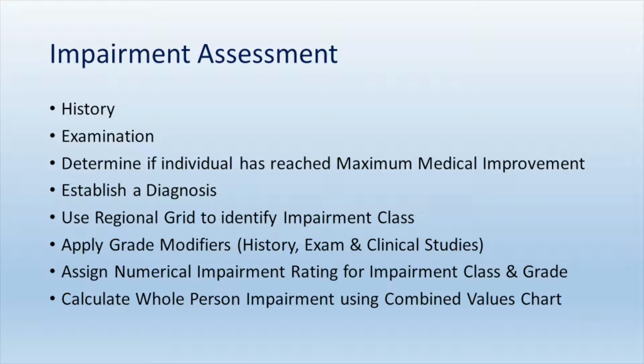You need to establish a diagnosis, then use regional grids that I will show you shortly to identify an impairment class. You then apply a grade modifier based on the history, examination and clinical findings. You then assign a numerical impairment rating for that particular class and grade, and then finally come up with a whole person impairment, which the lawmakers would use to compensate the victim.